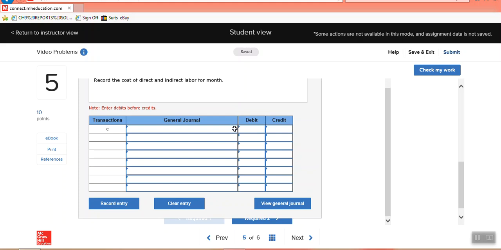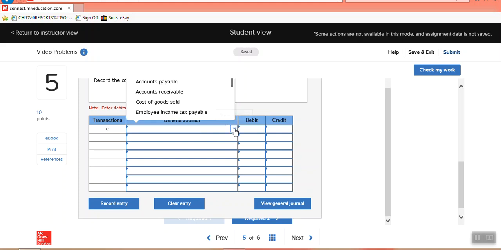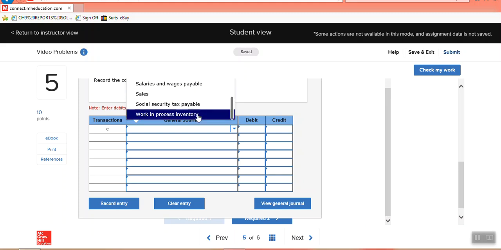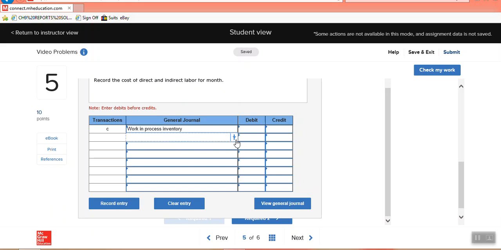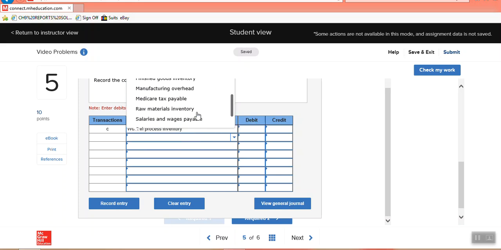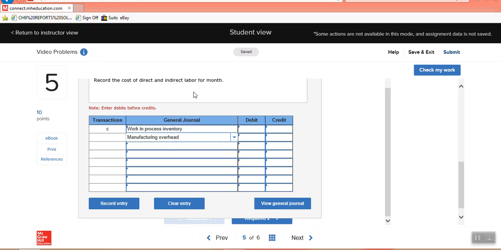In this case, the gross pay is broken out into two categories, direct and indirect. The direct labor goes directly into work in process. The indirect goes in manufacturing overhead, the same as the raw material indirect cost. It's all going into that manufacturing overhead.